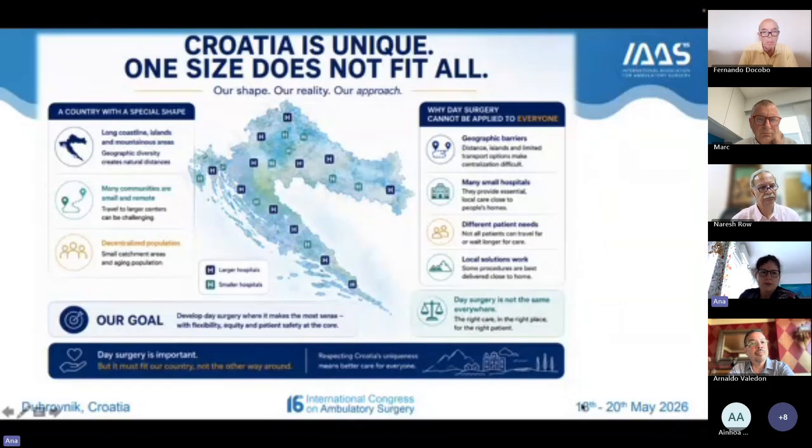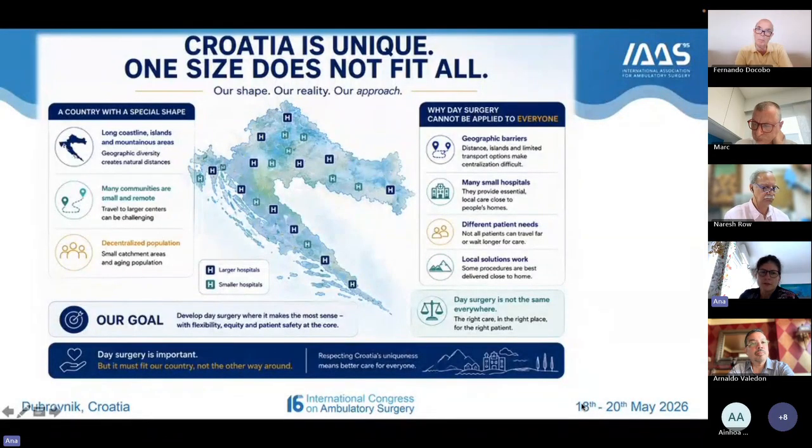So many communities have to travel to larger centers through some areas that are not so close to the hospital. And that means that in our country, day surgery cannot be applied to everyone, and cannot be the same everywhere. So we have to be sure that we give the right care in the right place for the right patients.